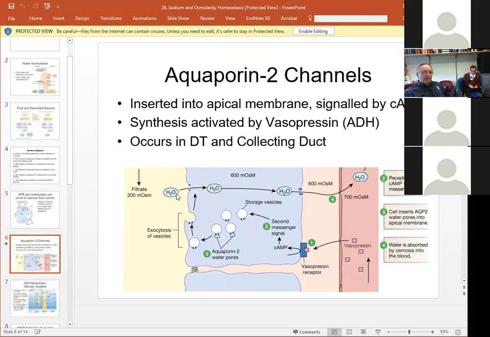And that then lets the water through, and it can also get through the basolateral membrane through channels that are constitutively present. That means they're always there. And so now this membrane lets the water diffuse down its concentration gradient by osmosis, going up the solute concentration gradient, 300 milliosmolar, 600 milliosmolar. The water goes into the salty solution, gets into the blood.